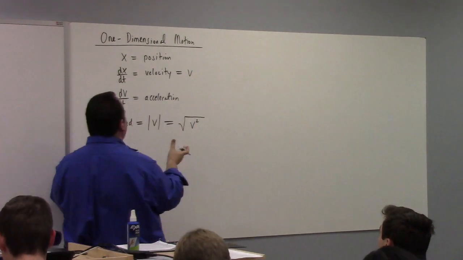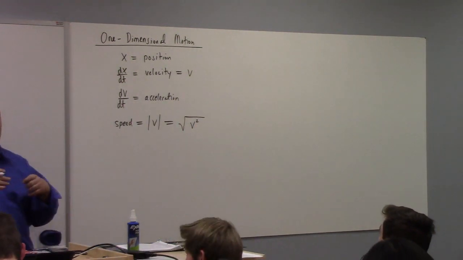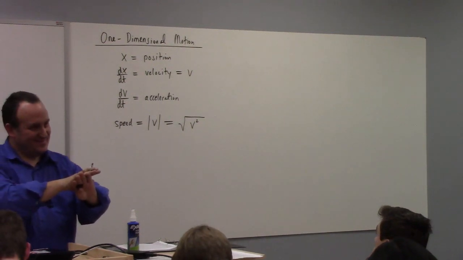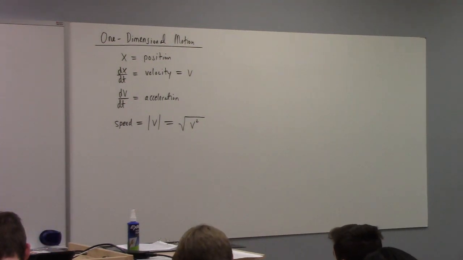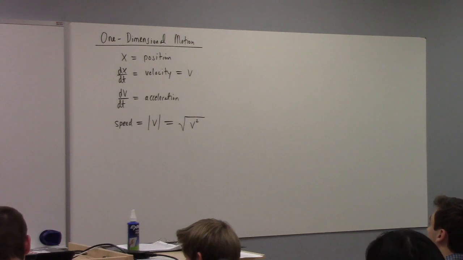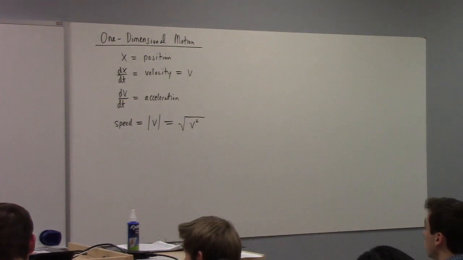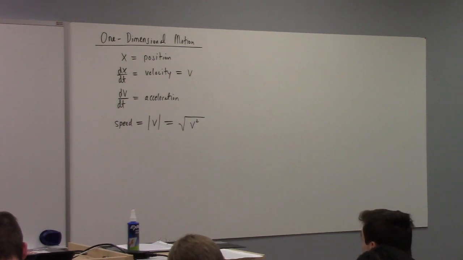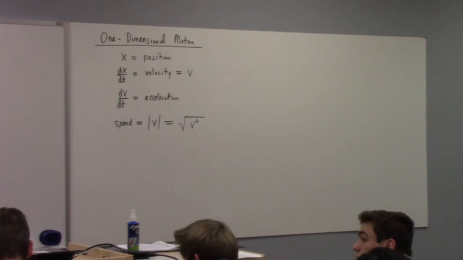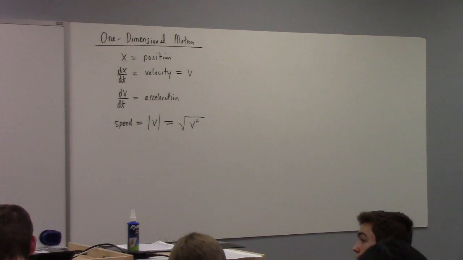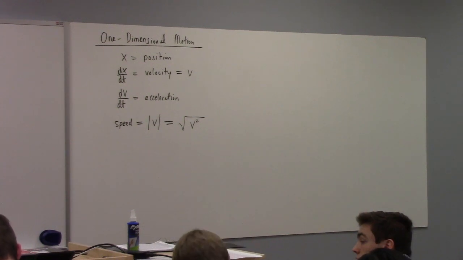Now, admittedly, here's where the notation has a problem, right? Because we've used the symbol v to denote the magnitude of velocity, but in one dimension, we just use v to be the velocity. So you have to understand it in context. I'm sorry, physics is just this way.